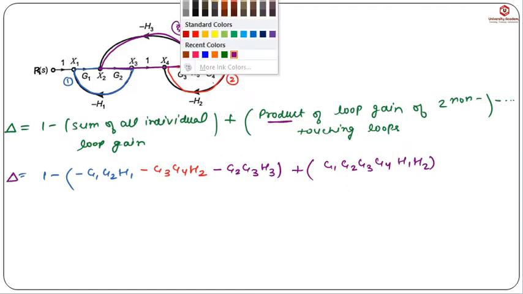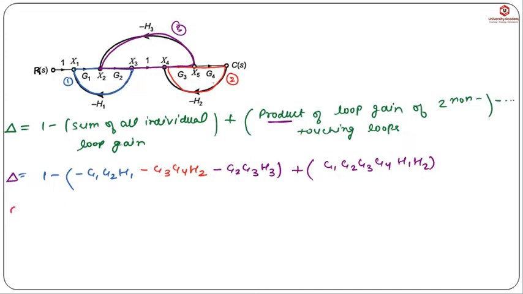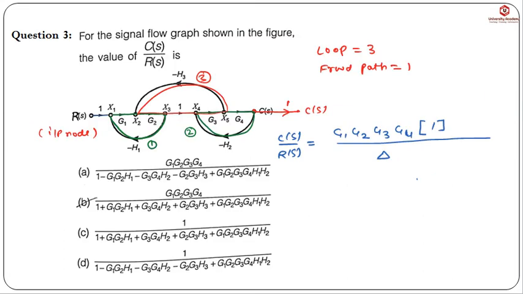Okay, so now we can write the transfer function, that is, we have to calculate C(s)/R(s). So this will be equal to, in the numerator, g1 g2 g3 g4.